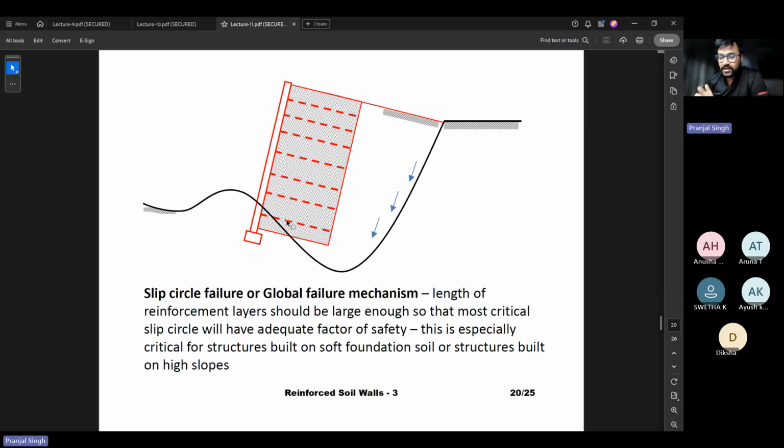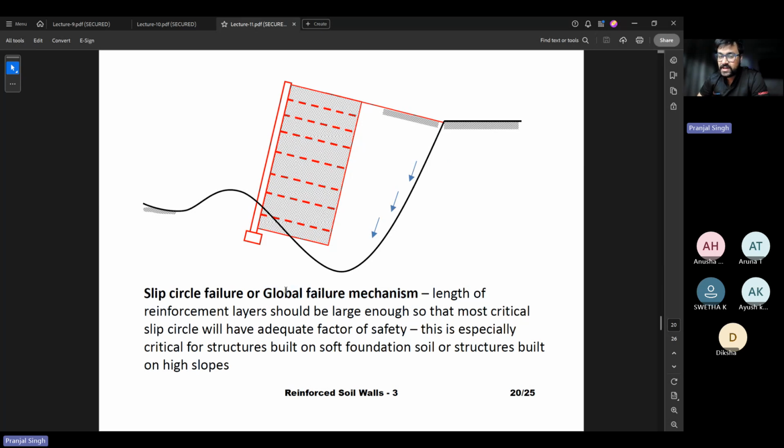But I assume that most of you are aware of bearing capacity theory. If somebody is not aware, they can ask. I'll just briefly explain how you can calculate the bearing capacity. You just have to use your undergraduate bearing capacity method, and then you can find out the factor of safety for global failure.